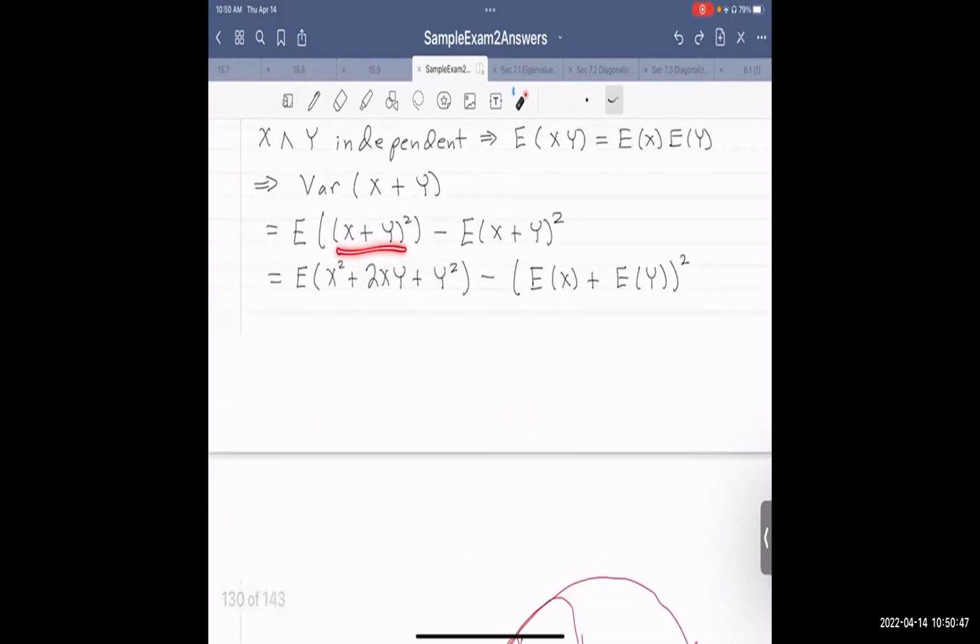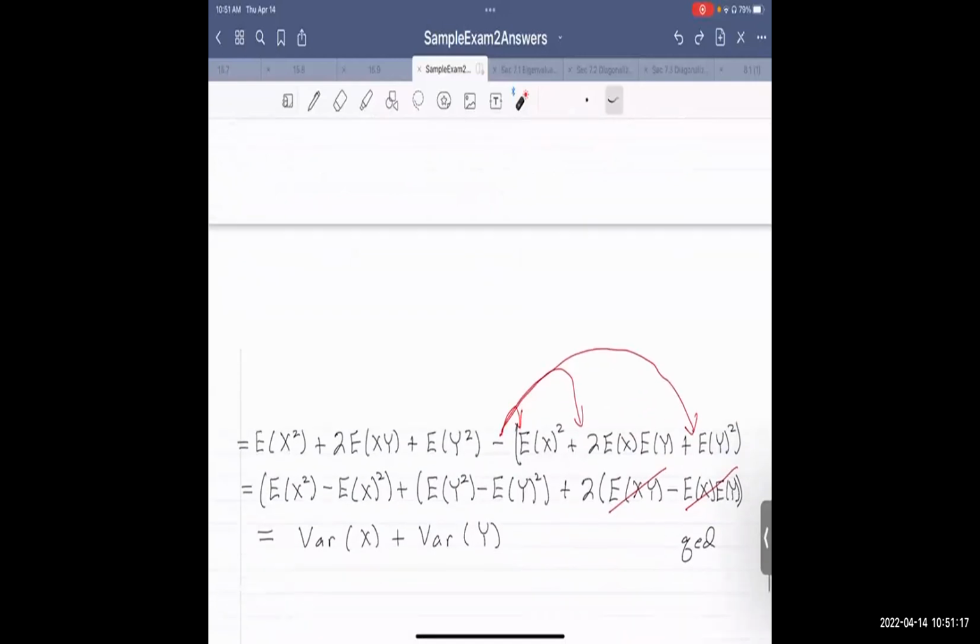Next, let's use the special product formula, the perfect square trinomial formula. X plus y quantity squared is x squared plus 2xy plus y squared. We also know that the expected value of x plus y is the expected value of x plus the expected value of y.